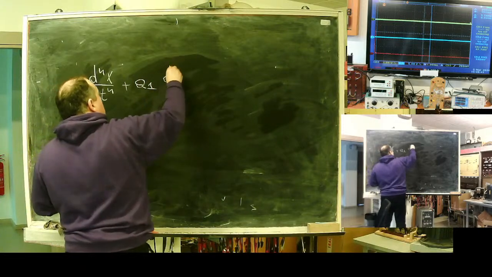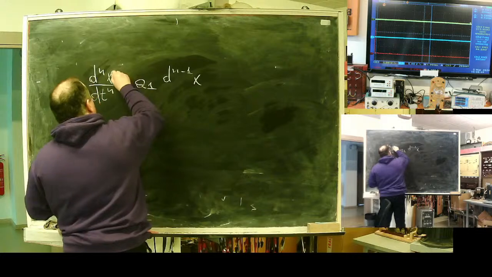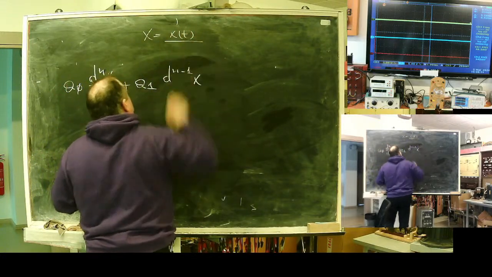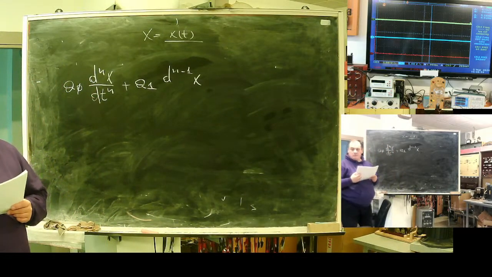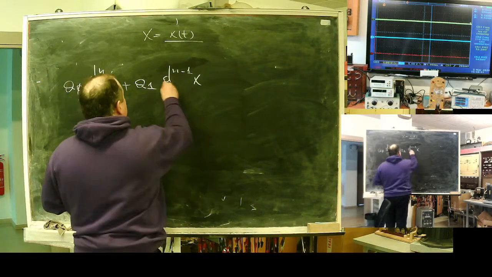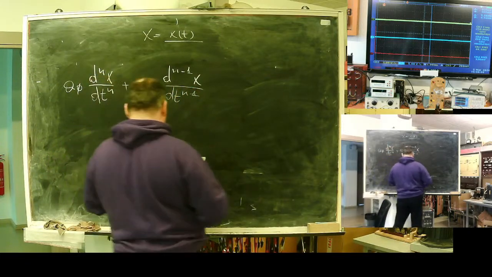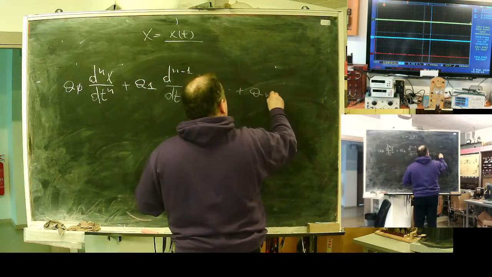a0 x^(n) + a1 x^(n-1) + ... + a_(n-1) x' + a_n x = 0. Here x is something we can call the process variable. We observe something, and x is the process variable.